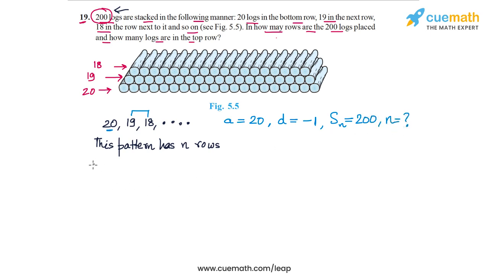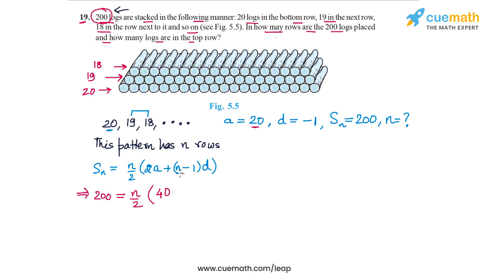So let's use the relation Sn is equal to n by 2 times (2a plus (n minus 1) times d). Let's substitute the values that we have. Sn is 200, so 200 is equal to n by 2 times 2a. a is 20, so 2a will be 40.